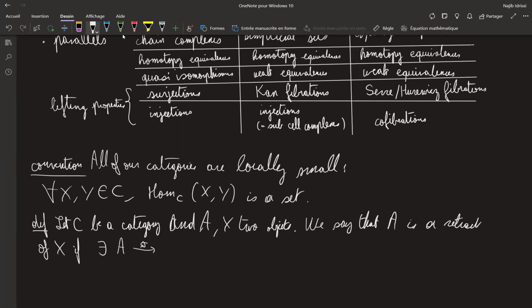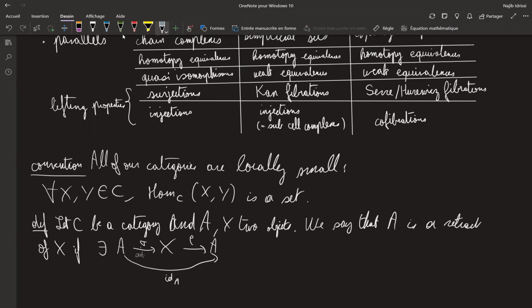Maybe I will call it sigma, X, here rho, such that this is the identity of A. Right, so you can think of sigma as being some kind of section. Oops, sorry.